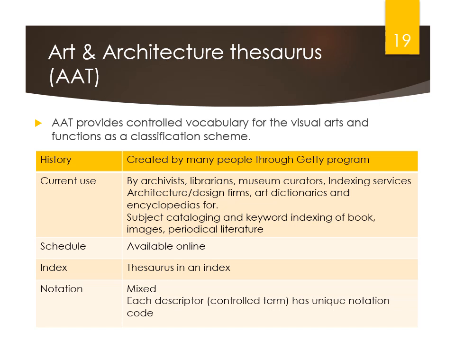AAT is a specialized controlled vocabulary used to describe subjects and objects within museums. It also provides codes that can be used as a faceted classification structure.